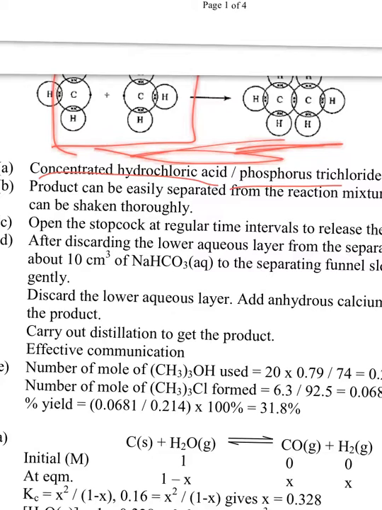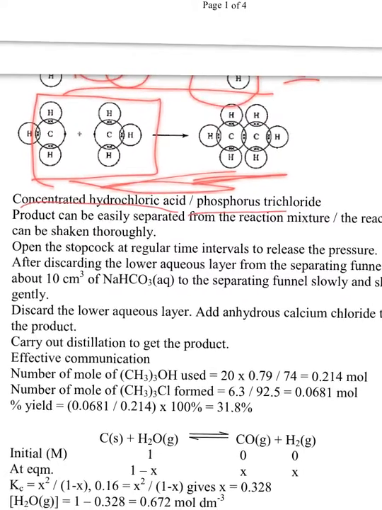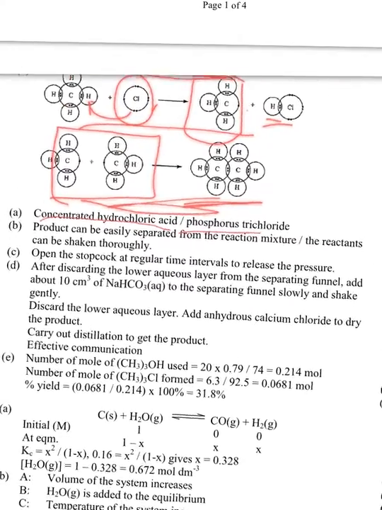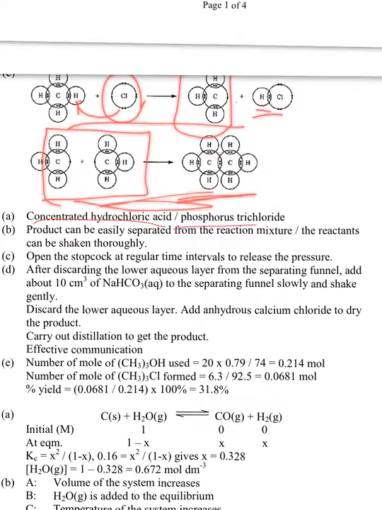For part B, suggest one advantage of using separating funnel. I find that many of you can answer separate two layers. But in fact, why it can be separated easily, I show you better. In fact, I expect you answer the latter part.